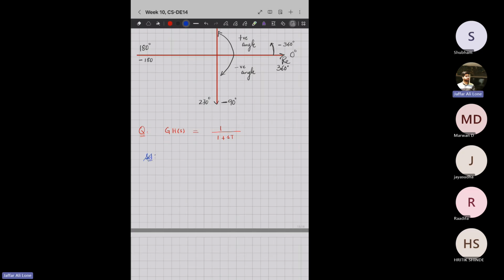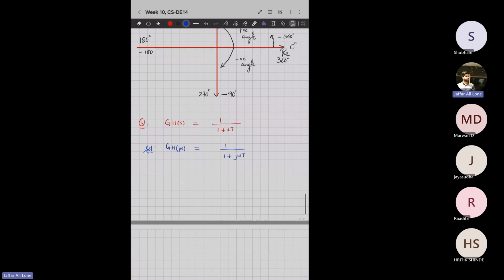Solution: first of all, put s equal to j omega, so GH of j omega is equal to 1 divided by 1 plus j omega T. Now we have to find the magnitude as well as the angle.